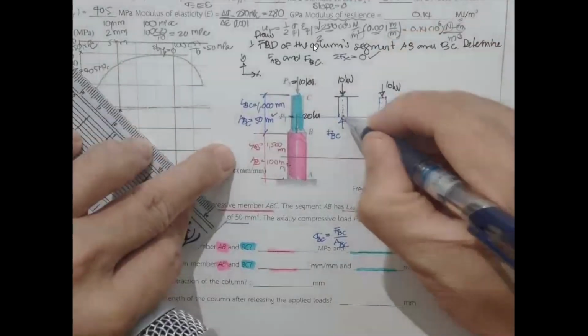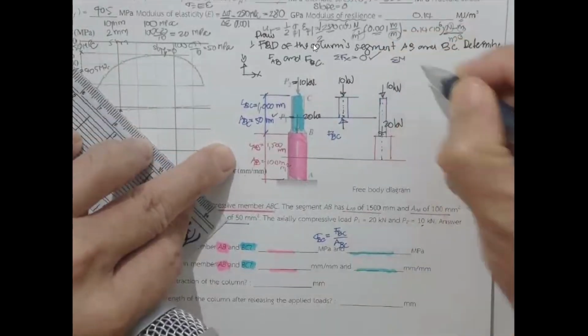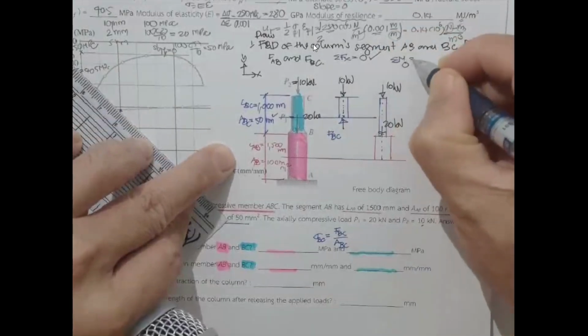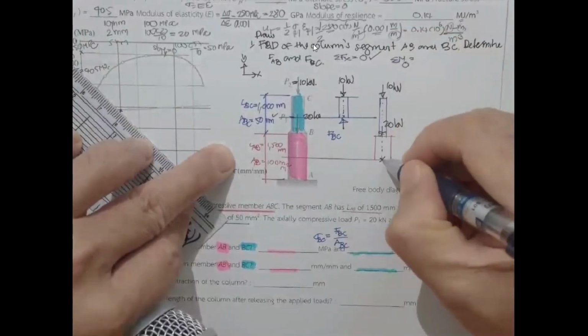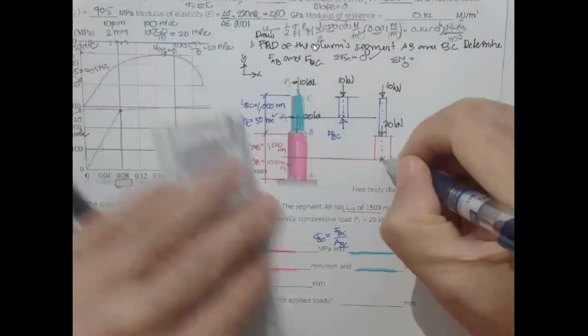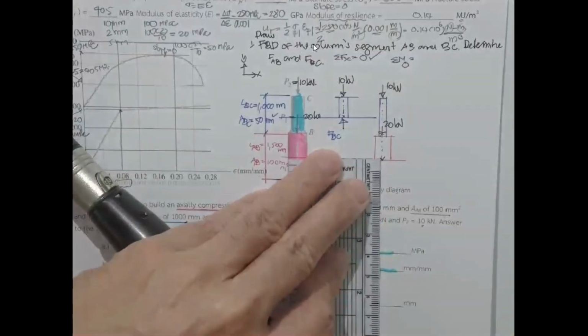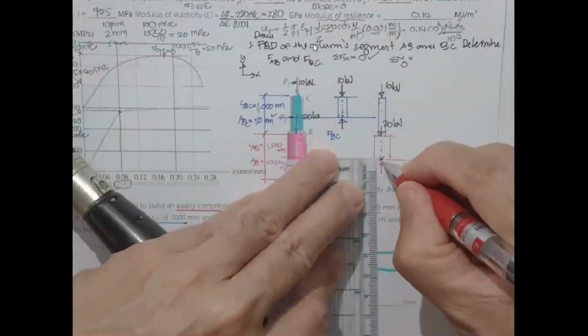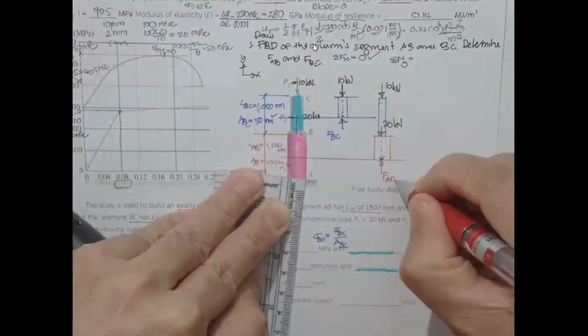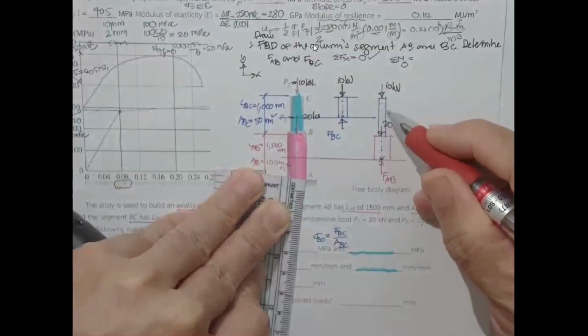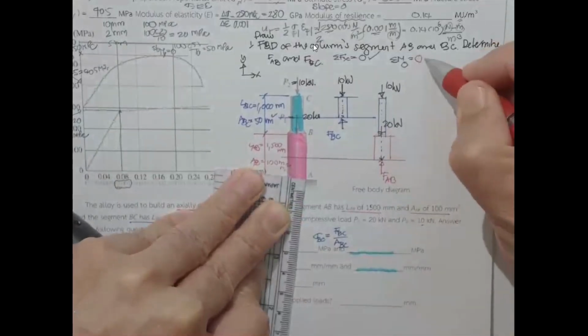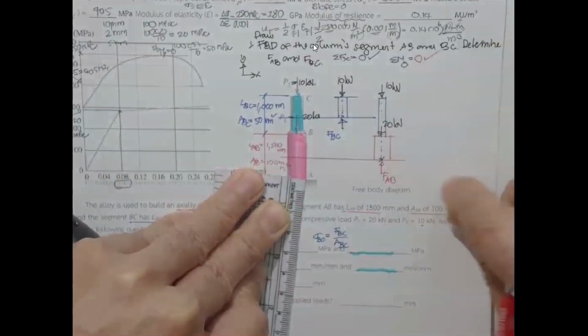And if you take summation of the moment at the centroid of the section, you will have all the forces passing through the centroid of the column, so this equation equals 0 automatically.